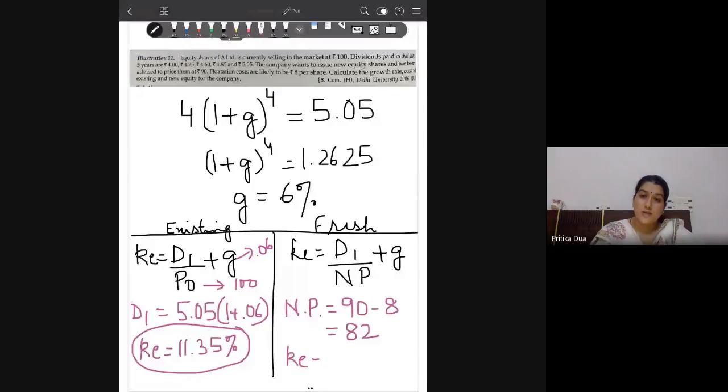More responses in the chat box. 12.15 is not right, beta. Nakul, check the calculation once. It is approximately 12.53, 12.52. So this should be the answer. Yes.